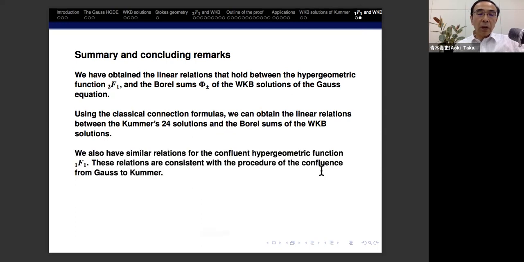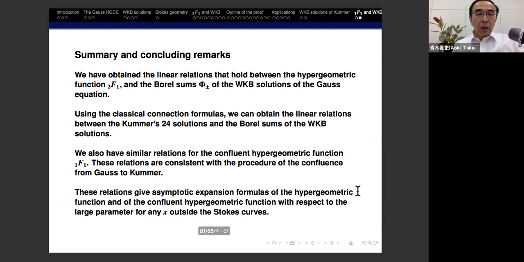We also have similar relations for the confluent hypergeometric function 1F1, and these relations are consistent with the procedure of the confluence from Gauss to Kummer. And these relations give asymptotic expansion formulas for the hypergeometric function and the confluent hypergeometric function with respect to the large parameter for any x outside the Stokes curves.